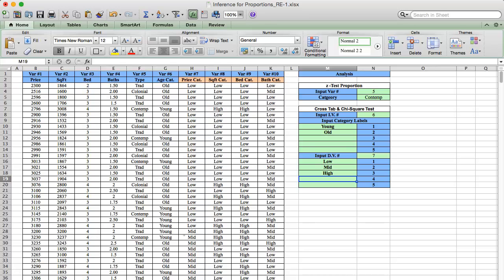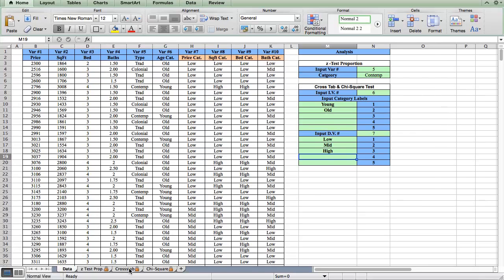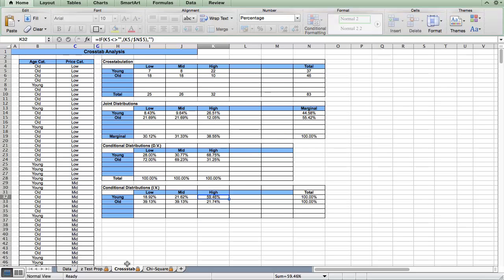So the crosstab, and specifically the conditional distribution by age category, shows us the effect that age category has on the proportion of each spending category.